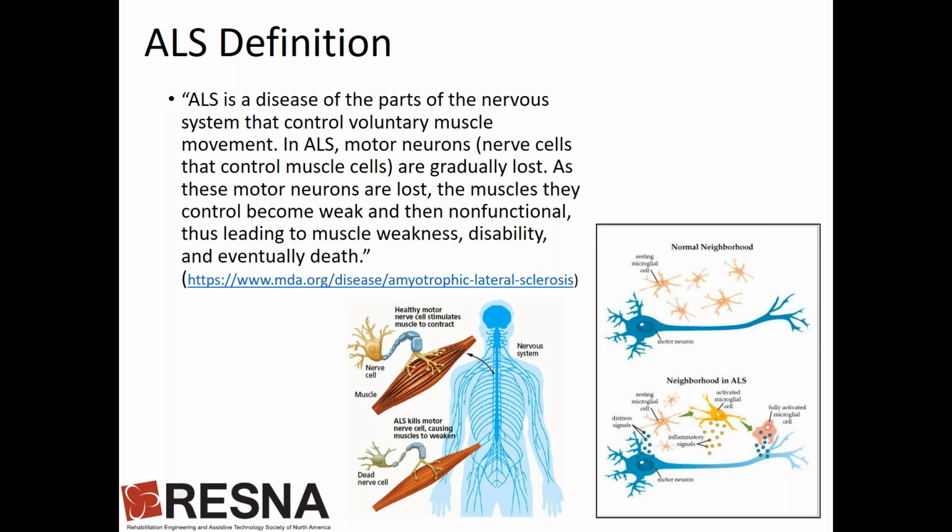So as the motor neurons are lost, the muscles they control become weak. So with multiple sclerosis, the channel that the neurons travel die, but with ALS, the actual motor units die. So the motor units die so that there's no signals going into the muscle, and then that's when the muscle stops functioning.